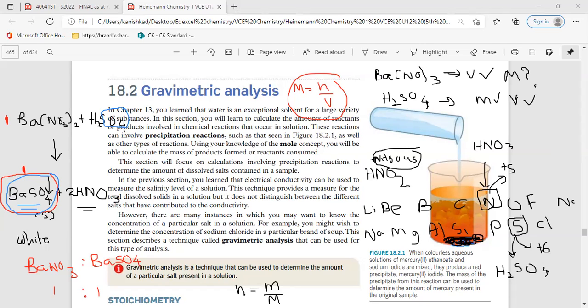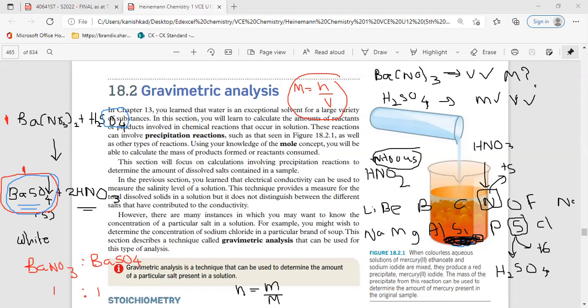This is the basic. But when we do it as a practical, and when it comes to your exam as a big structured essay question, you don't stop there. Normally we go to the questions in the graph way.